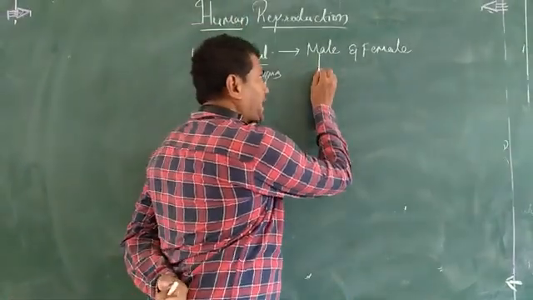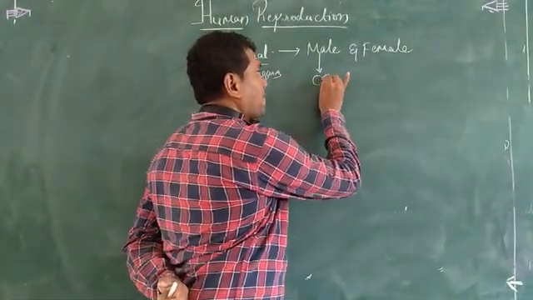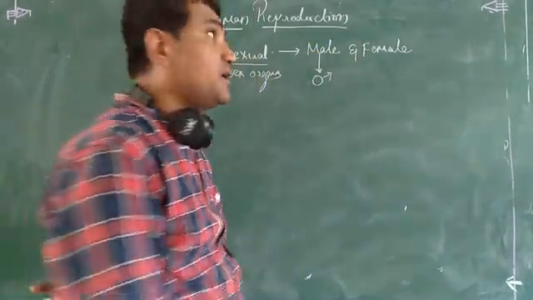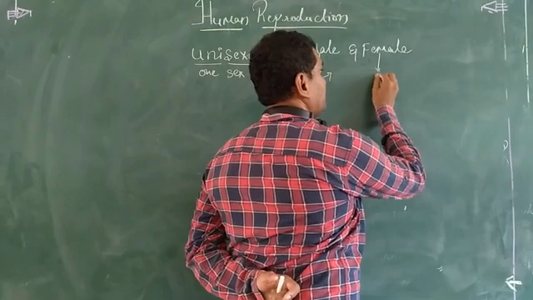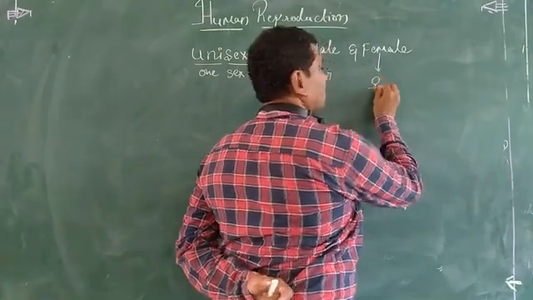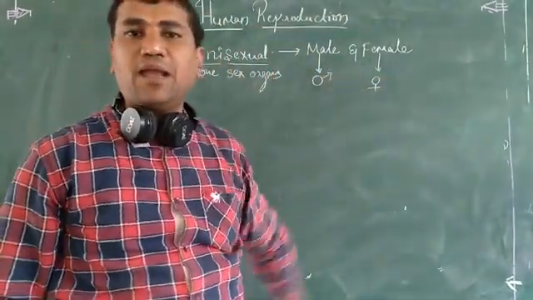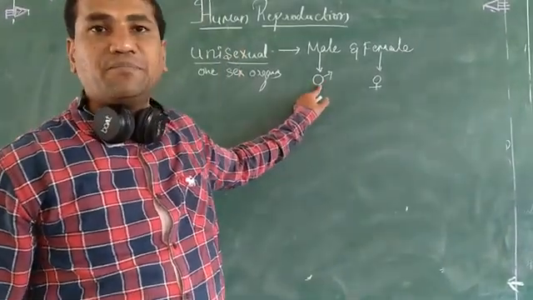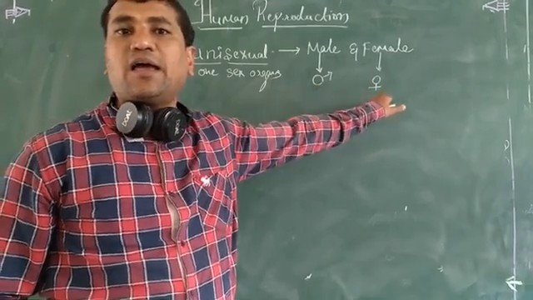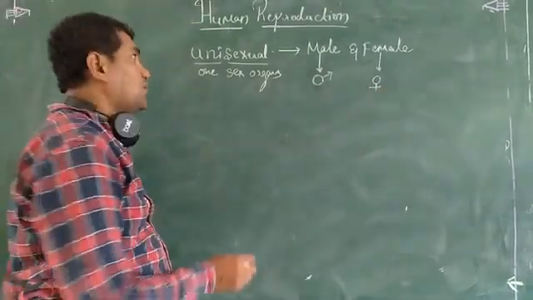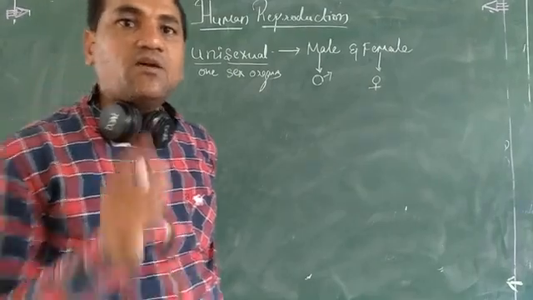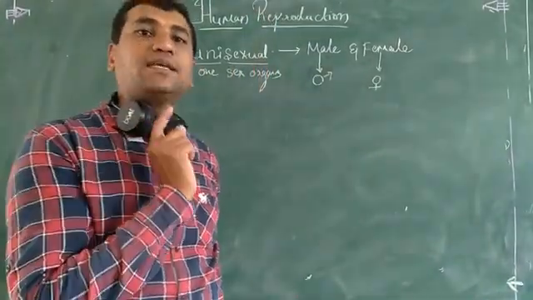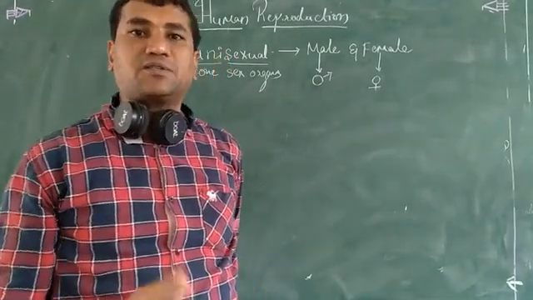Male consists of male reproductive organs and female consists of female sexual organs, indicated with the male and female symbols. So unisexual means one type of reproductive organ in each different organism.